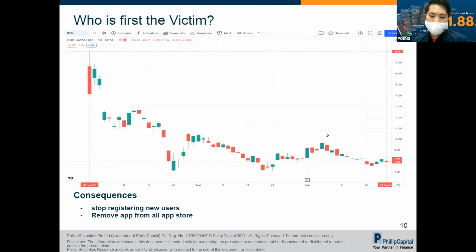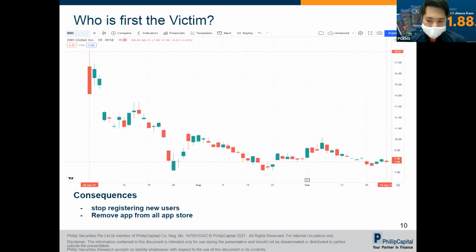Didi. Didi Global was listed this year in June. For those who do not know, Didi basically does transportation, similar to Singapore's Grab.